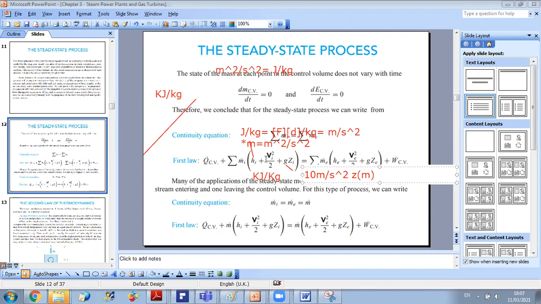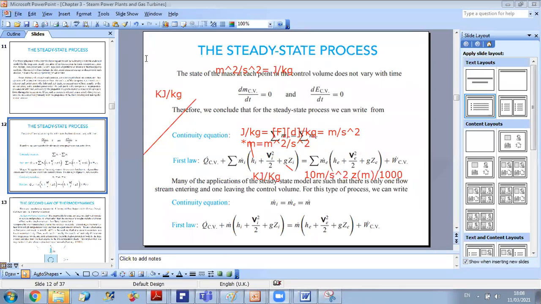In case I am using h in kilojoule per kilogram, gz should also be divided by 1000. Or, if I want to keep it in meter square per second square, I should convert h to joule per kilogram. So it's up to you. Just make sure to have the same units for the three terms.